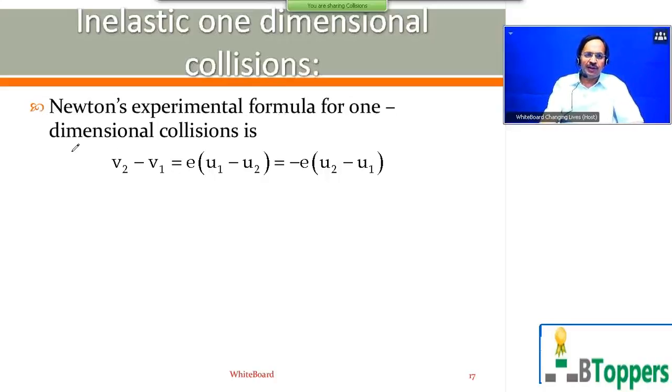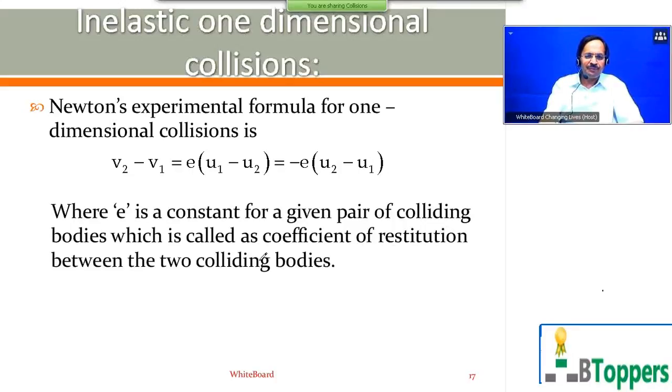Newton's experimental formula for one-dimensional collisions is v2 minus v1 equal to e times (u1 minus u2), or you can also write it as minus e into (u2 minus u1), where e is a constant for a given pair of colliding bodies, which is called the coefficient of restitution between the two colliding bodies.